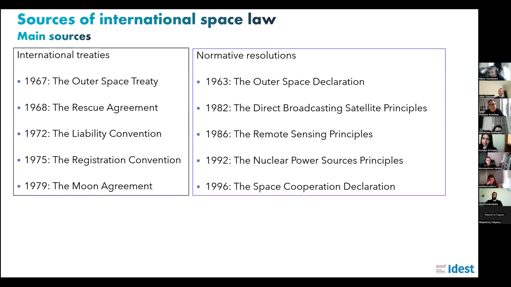But you see that after the Moon Agreement, 4 normative resolutions have been adopted in order to address more specific issues, mainly satellite applications issues, such as the question of direct broadcasting by satellite, the observation of Earth by satellite, namely remote sensing, the use of nuclear power sources for space missions, and the cooperation among countries, taking into account the needs of developing countries.